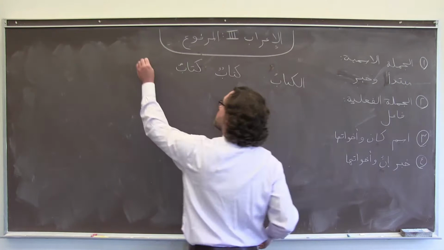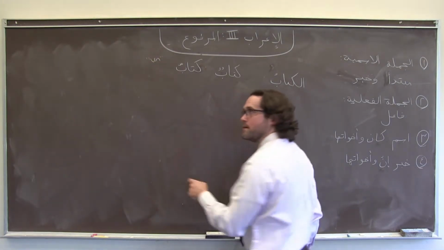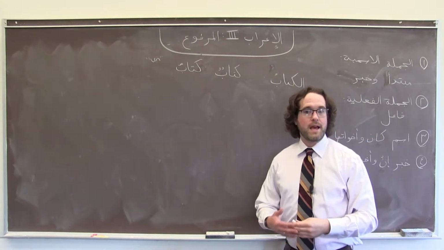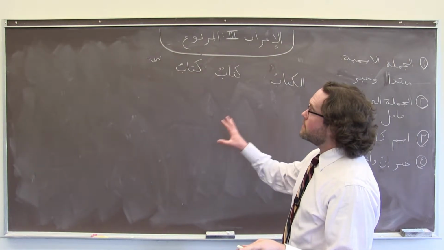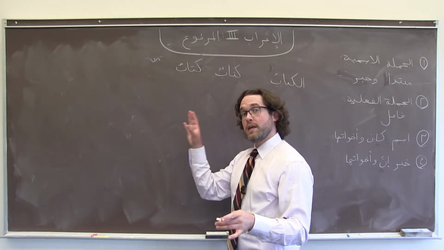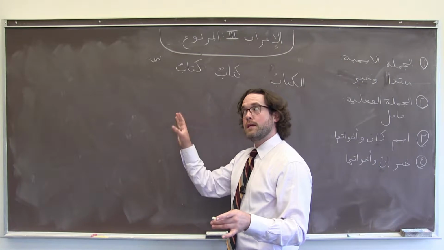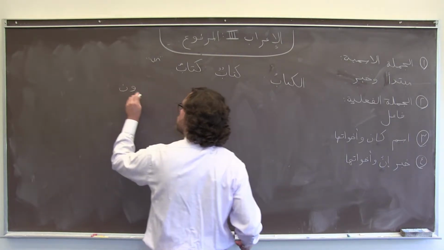So we get un at the end. If we are manipulating a plural that takes regular endings, we're going to use waw noon at the end.